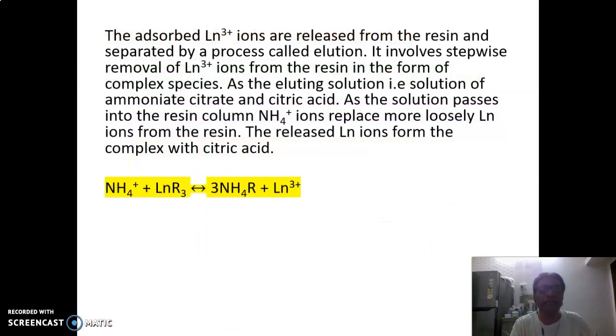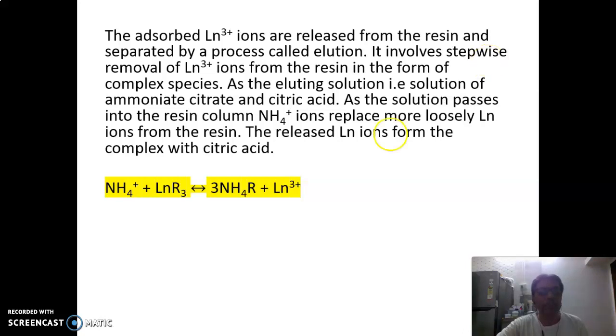First of all, when we add the ammonium citrate solution to the resin column, the ammonium ions replace the loosely held lanthanon from the resin. And as we know, lutetium tripositive ion is loosely held by the resin column.